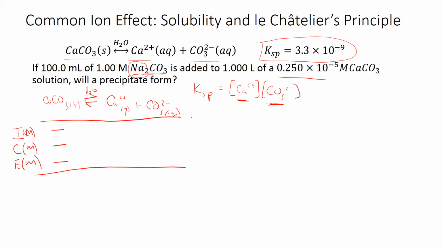But what we do have here now is an initial concentration. And so what we have to do in here, we have to put in there the concentration after we add, in this case, the sodium carbonate. So essentially what we're doing here is a dilution of the original solution.